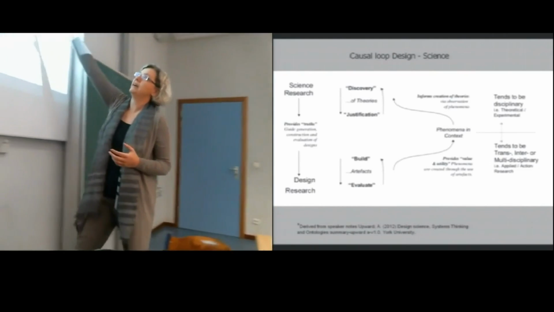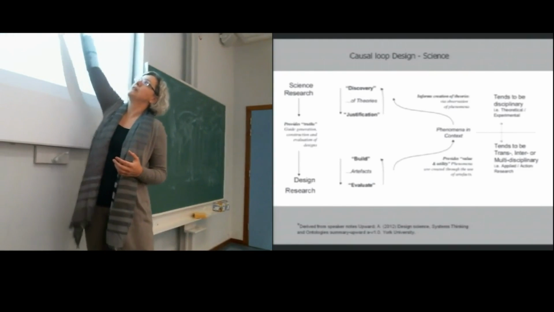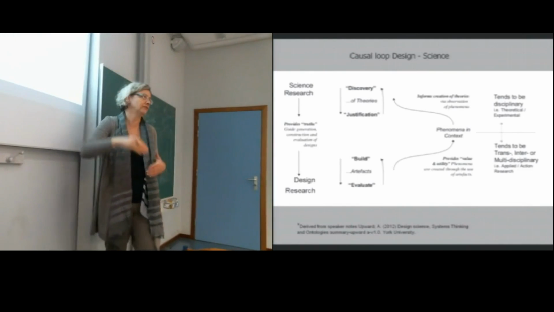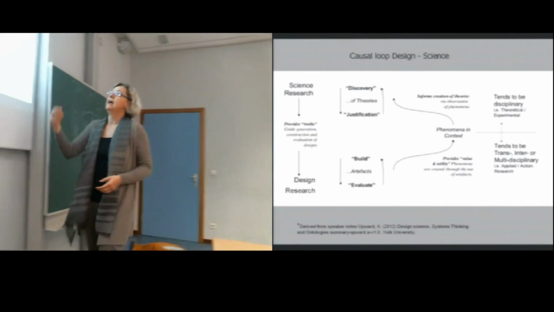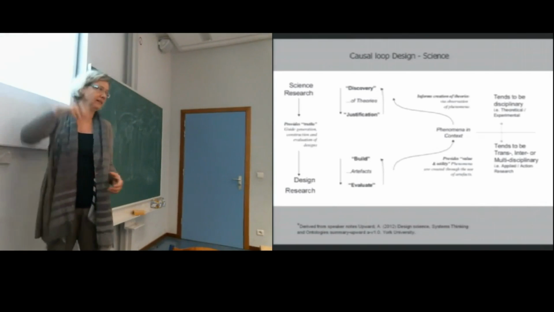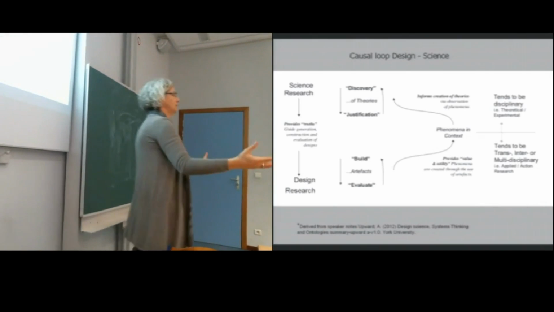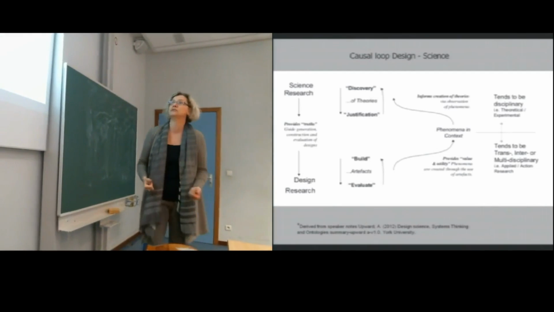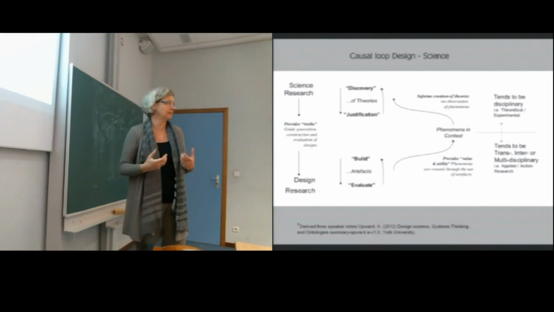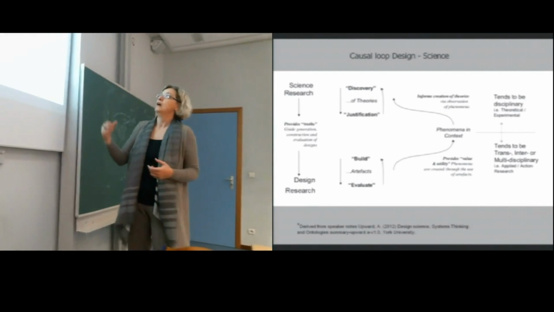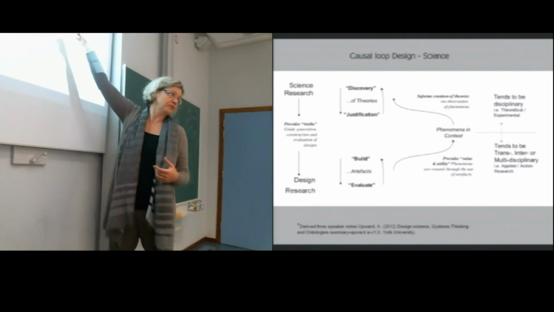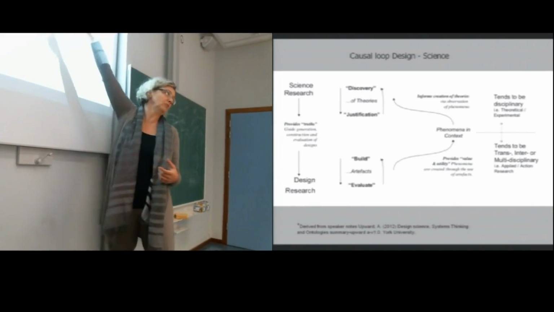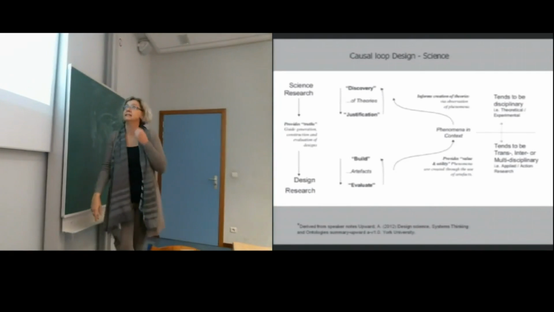We have here the scientific method in terms of discovering theory, validating, predicting and experimenting. And here is the building: the artifact goes out in the world and it has to be evaluated in terms of effectiveness. What I think becomes more and more interesting is the second side of the loop.